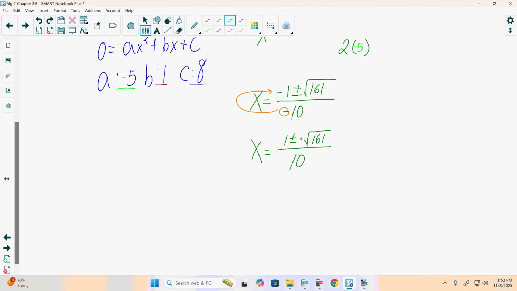So when we multiplied the plus or minus by a negative, it became plus or minus, because the plus became minus and the minus became plus. So they flipped, but it's still plus or minus. And that's it. x equals 1 plus or minus the square root of 161 over 10.